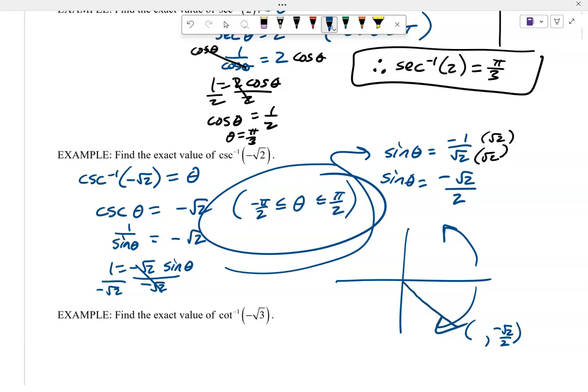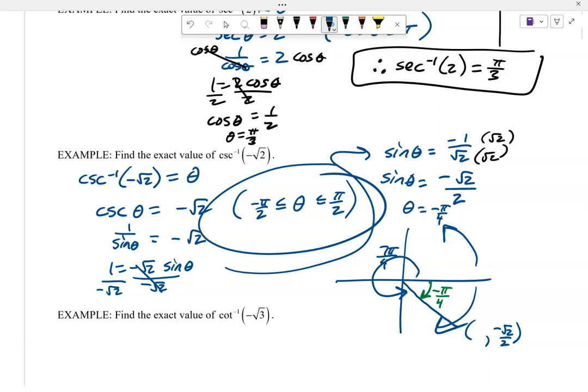You find that, and you say, it's not 7 pi fourths because it's got to be that negative angle. So it's not 315 degrees, it's the negative of that. That would be negative pi fourths, or negative 45 degrees. So theta must be negative pi fourths.